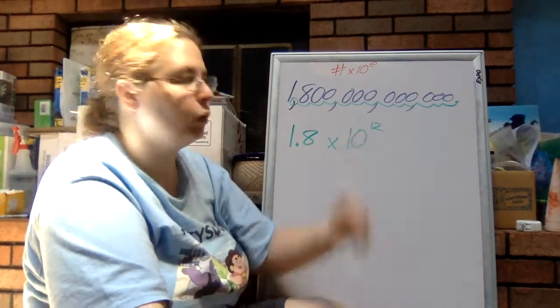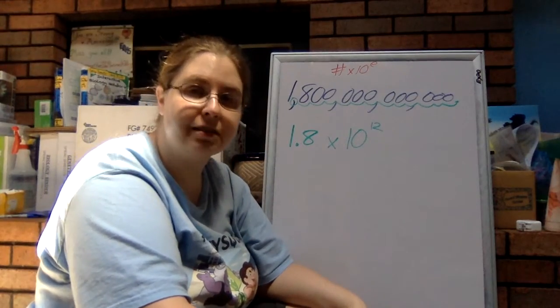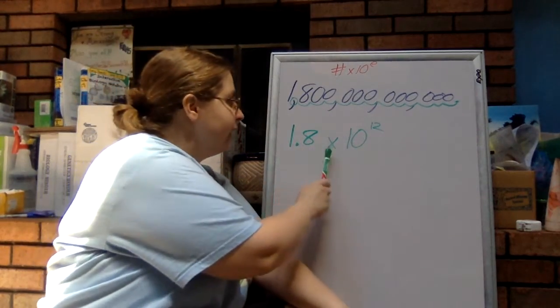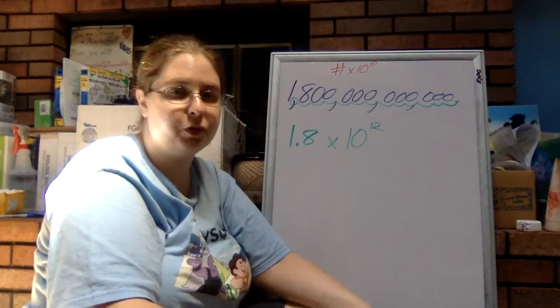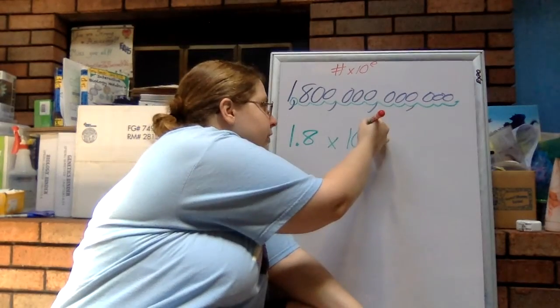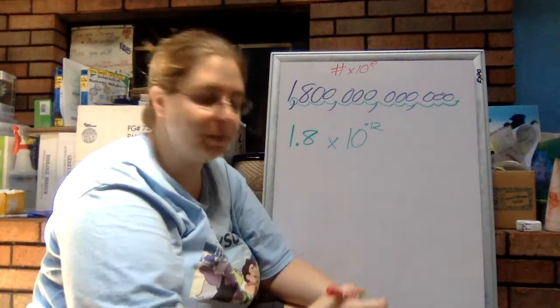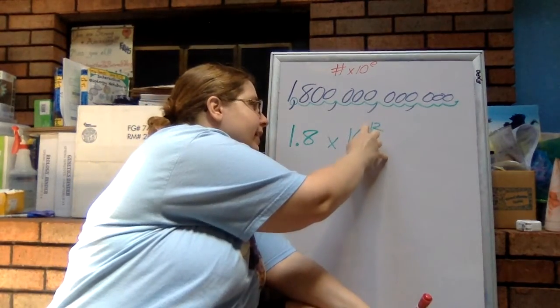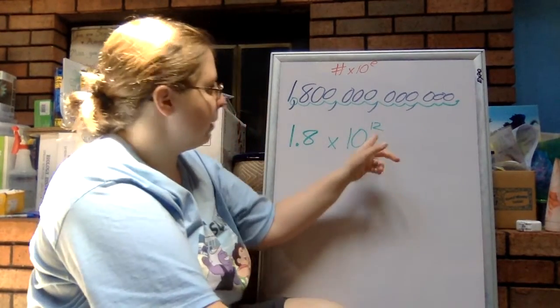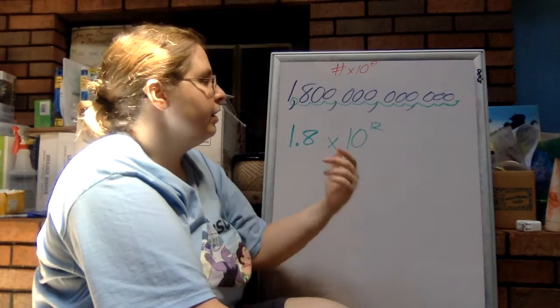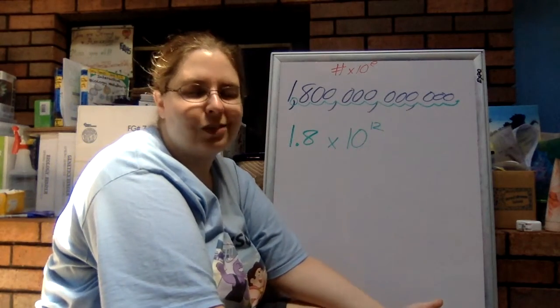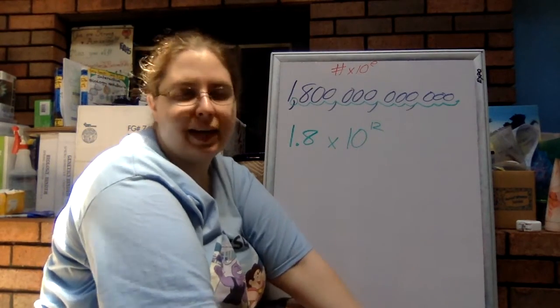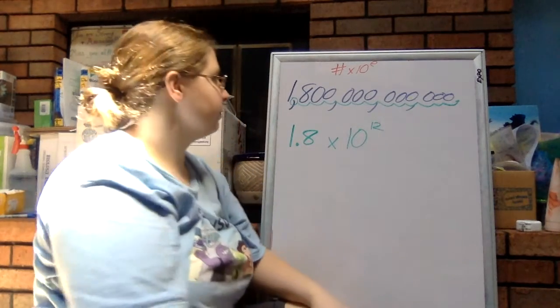Anytime it is bigger than 1, you have a positive exponent. So 1.8 times 10 to the 12th. You just write it like that, or if you really want to, a positive 12. Doesn't matter. Just make sure you don't write negative. A positive exponent means that you are going to move the decimal point a certain way when you put it into and out of scientific notation.